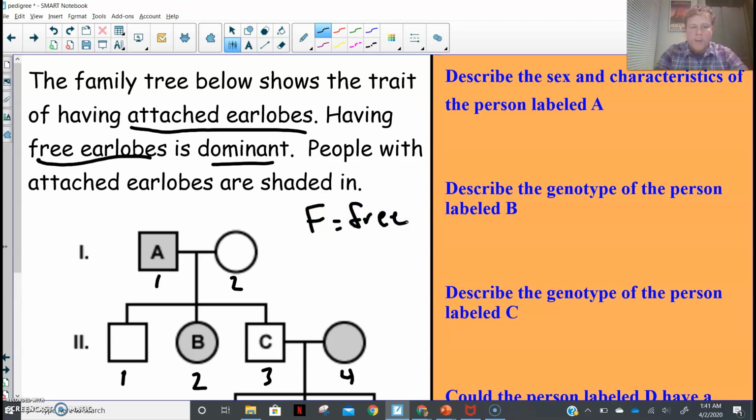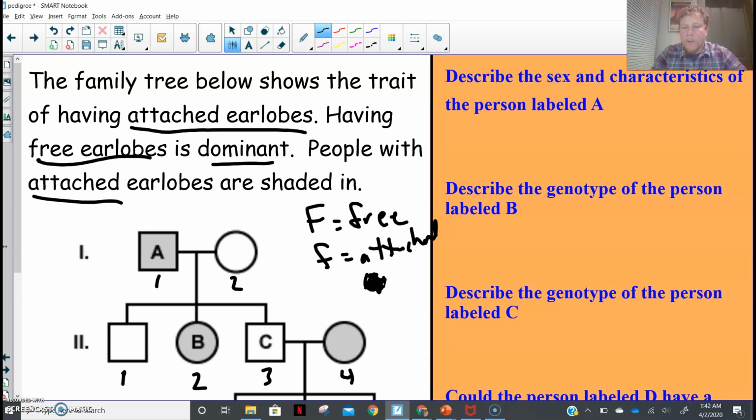And we know that the other possibility, people with attached earlobes, are shaded in. So we know the other possibility is attached. And the other thing I can add is that they are the ones that are shaded in, so we know they're the ones that have their shape filled.